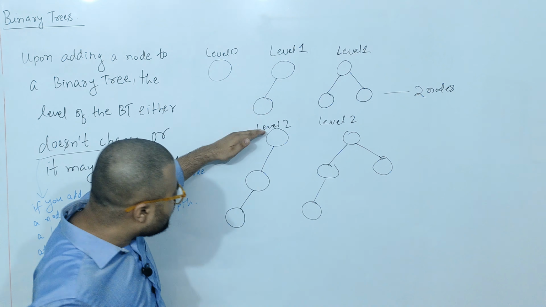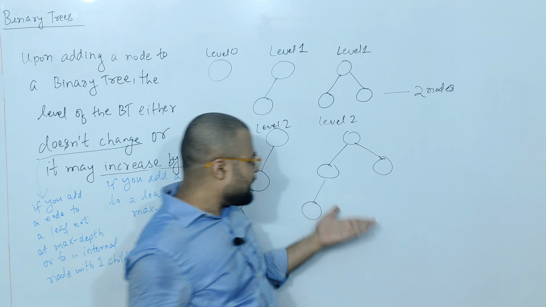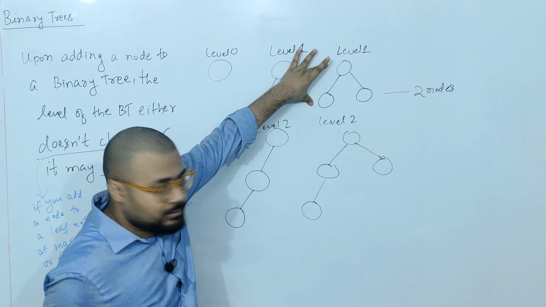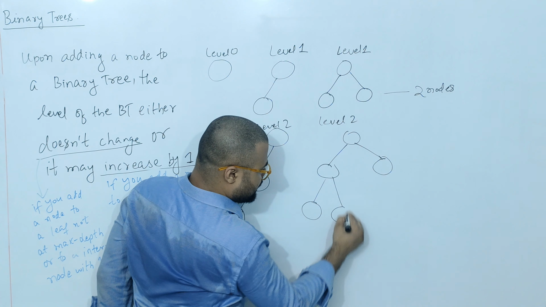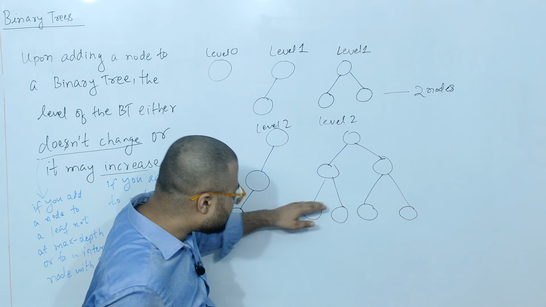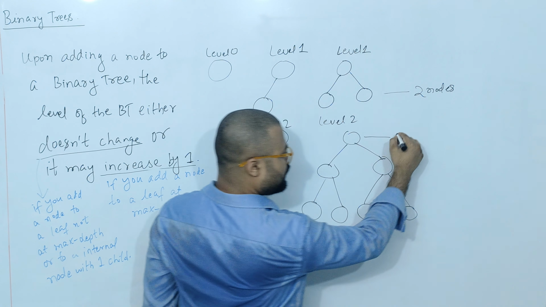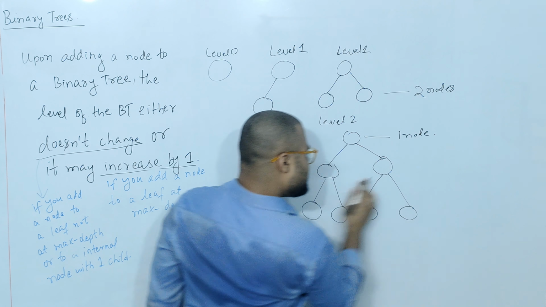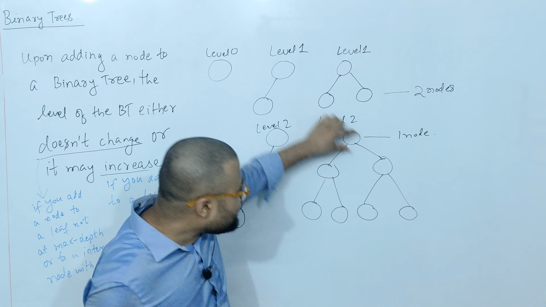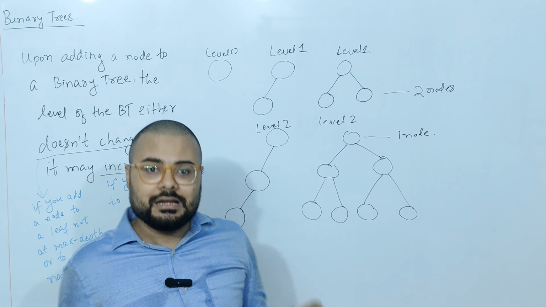Now, when you are coming to level 2, if you want the maximum number of nodes at level 2, then of course the base tree will be this one, and then you will fill all the nodes. Now look at this. This is your level 0. There is only one node, which is the root node. This is your level 1. I am trying to find the maximum number of nodes at any level.